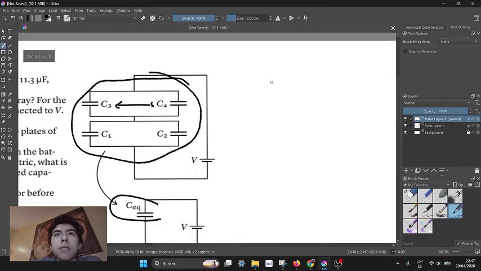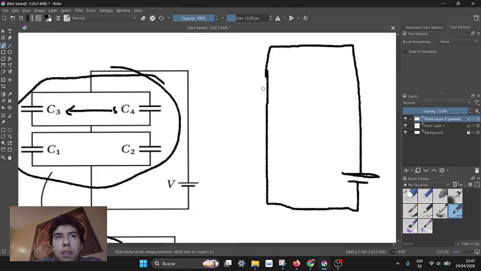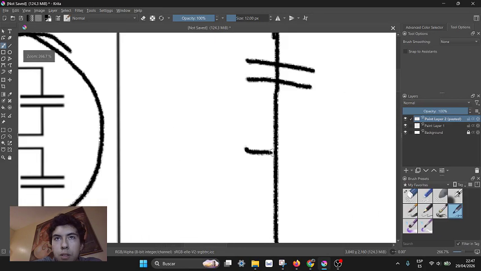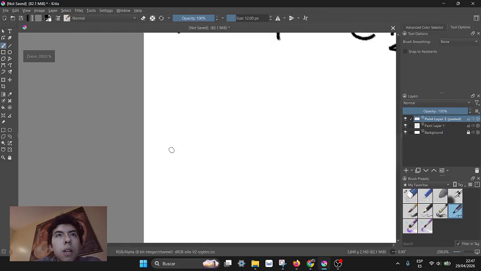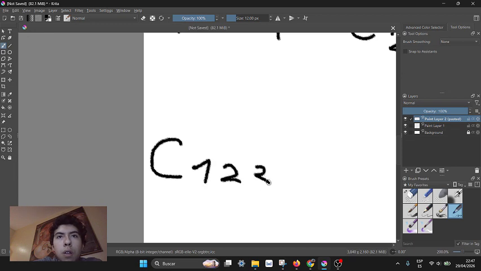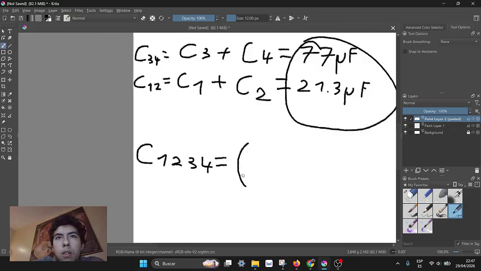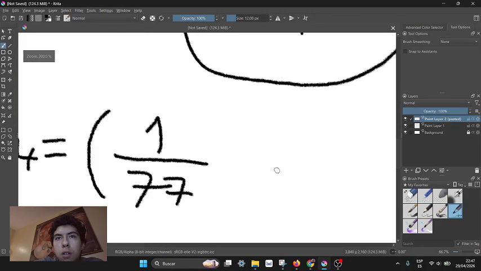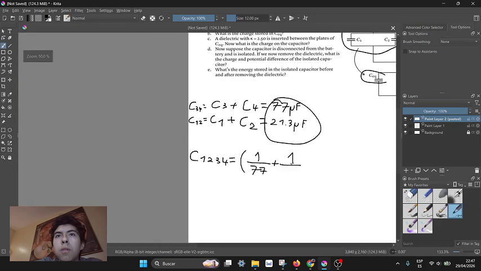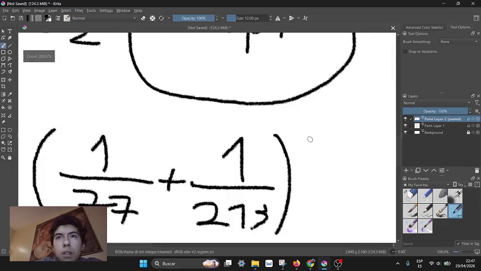Essentially, now what we have is a circuit like that, and we have two capacitors in series with these capacitances. So what we're going to do now is C1234 equals (1 over 77 plus 1 over 21.3) to the minus 1.